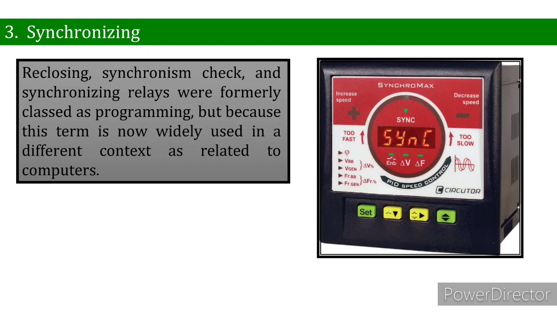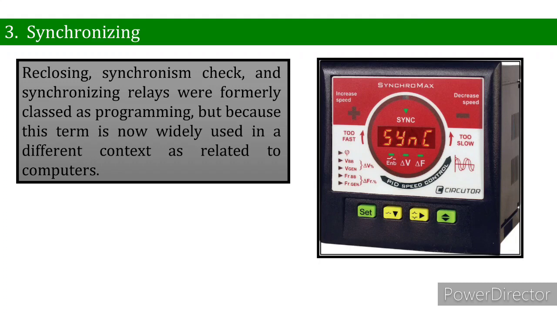Well, the next one is synchronism check. You can also call it reclosing, and also synchronizing relays. They were formerly classed as programming, but because this term is now widely used in a different context as related to computers, a name change has been made.